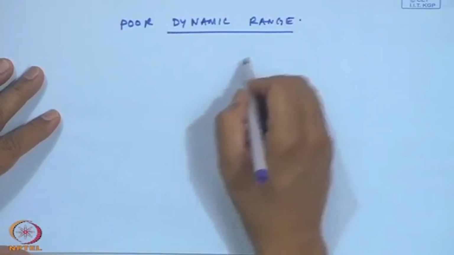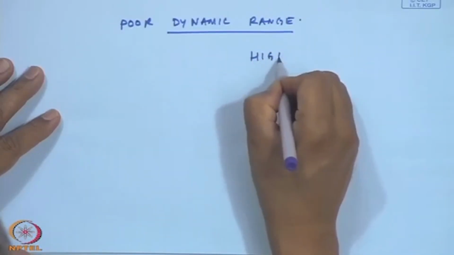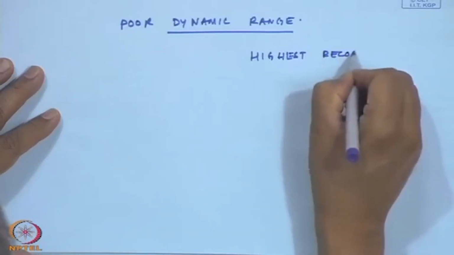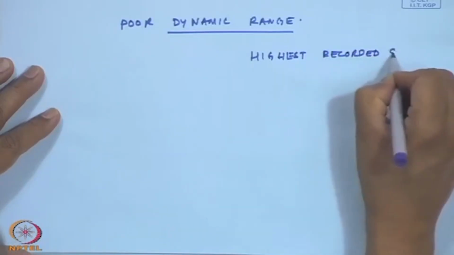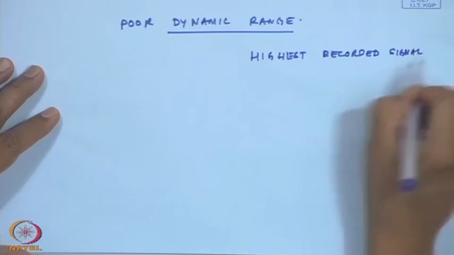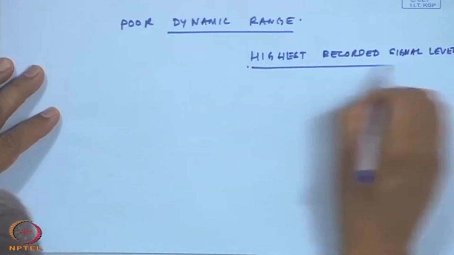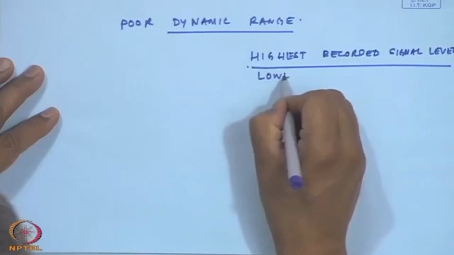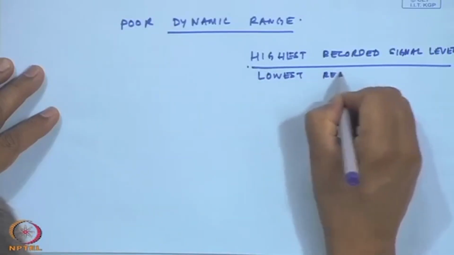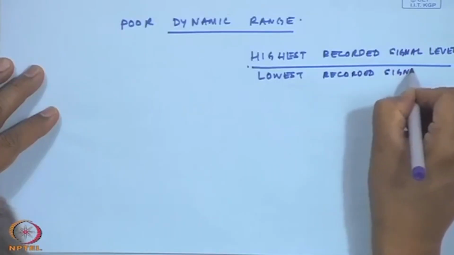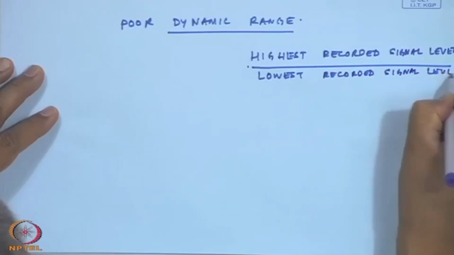By dynamic range I define the ratio of the highest recorded signal level to the lowest recorded signal level.